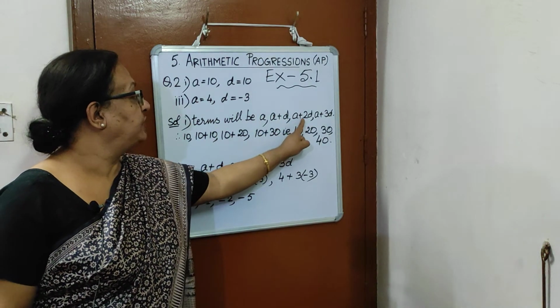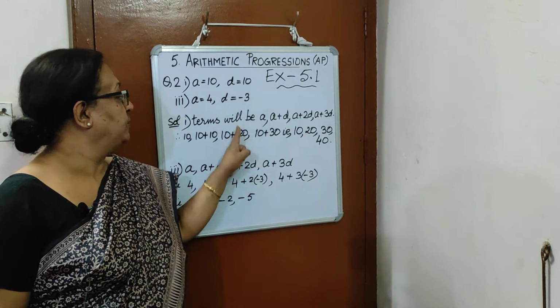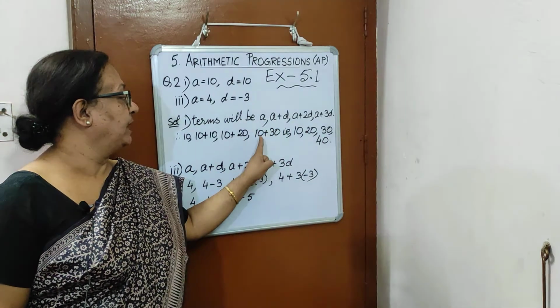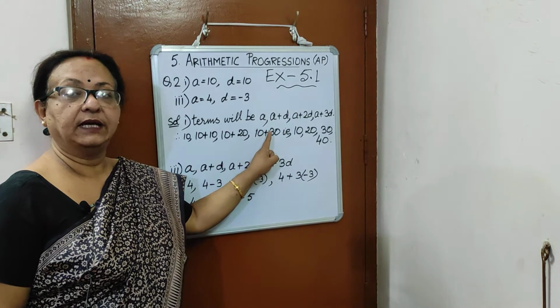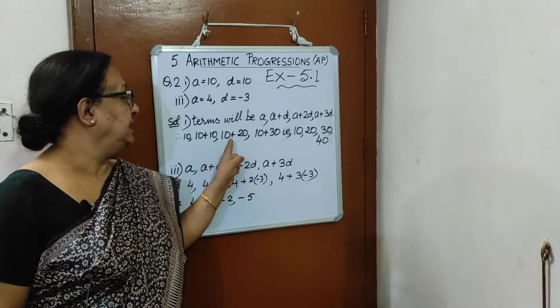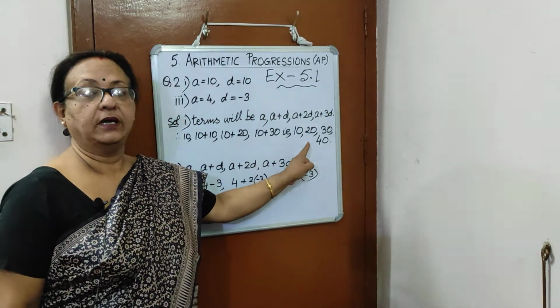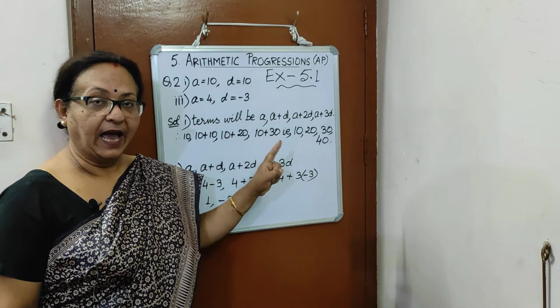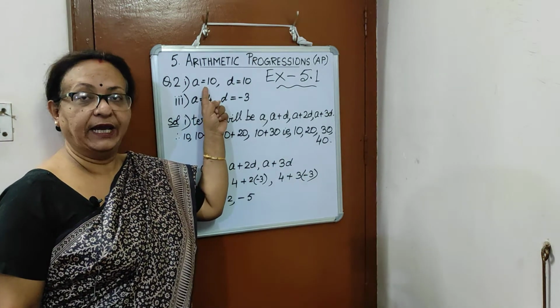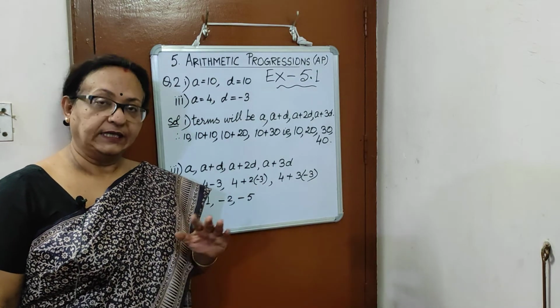Third one a plus 2d, that is 10 plus 2 into 10, 20, and the last one 10 plus 3 into 10, 30. So you have 10, 20, 30 and 40. These are the first 4 terms of the AP which has the first term as 10 and common difference as 10. Understood?